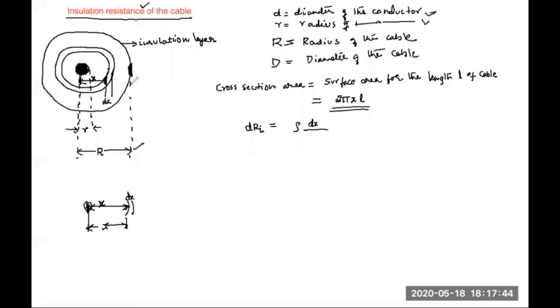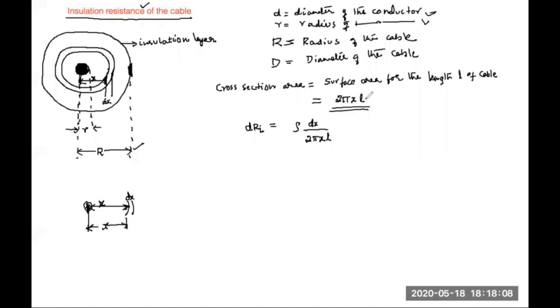The area of that small length, what you consider dx, what is the area? Area is nothing but 2 pi x into L. That's why I told you 2 pi x into L. How has it become this? Because the cross-sectional area is perpendicular to the flow of current, which purely depends on length L of the cable.